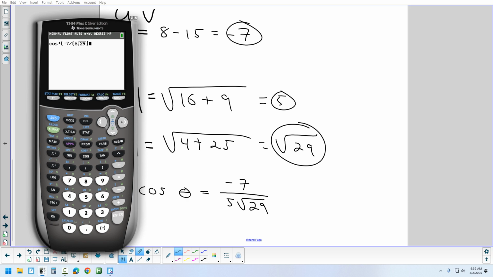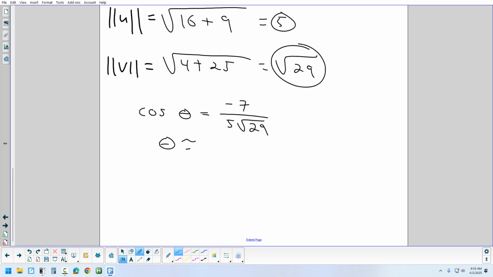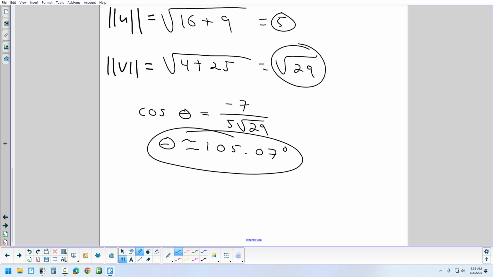Because that denominator has a product in it, you need to put that product in parentheses, or it's going to do negative 7 divided by 5 first, and then multiply that by the square root of 29, and that's not exactly what I want. I want 5 root 29 all in the bottom, and now that works fine. So that's an important thing to remember. Okay, 105.07. And that's the angle between the two vectors.